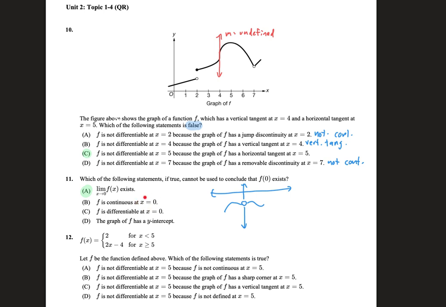If something's continuous at a certain x value, then the function exists at that x value. If something's differentiable, then it's continuous, and so it exists. And if the graph of f has a y-intercept, when you plug 0 into a function, that is the y-intercept, so f of 0 exists. If these are true, then this has to be true. But if A is true, this doesn't have to be true.